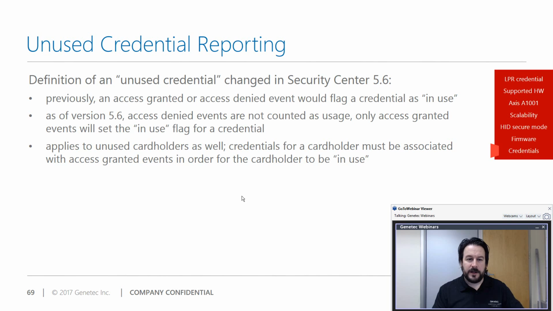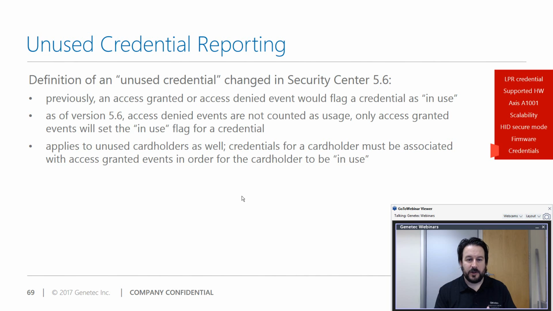Okay, so unused credential reporting has changed a little bit in 5.6. It's not a significant change, but basically, if you had access granted or access denied events before, that would flag the credential as in use. Now we've said, if it's access denied, we're not going to count that.